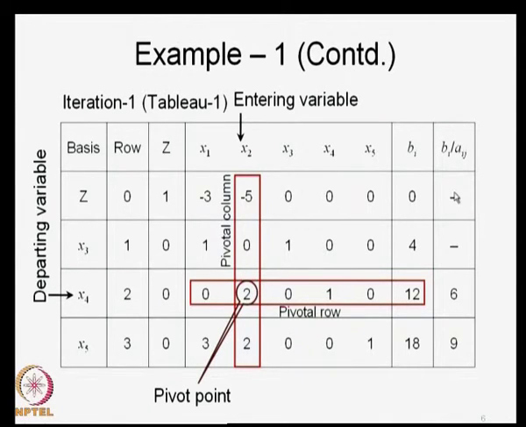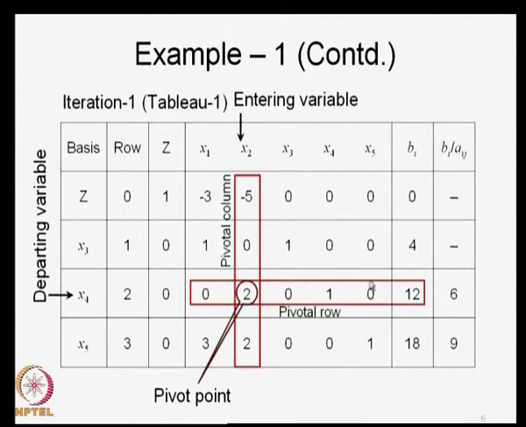Let us say I want to convert this number 0: 0 minus 5 into 12 divided by 2. Or if you want to convert another number: 0 minus 0 into 0 divided by 2. If you want to convert this, 1 minus 0 into 2 divided by 2.